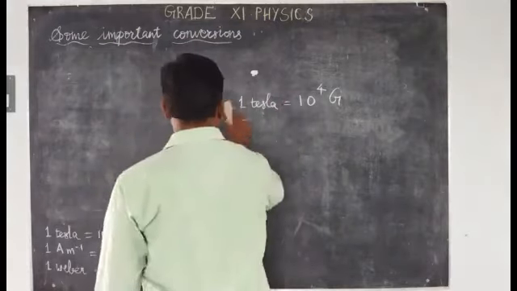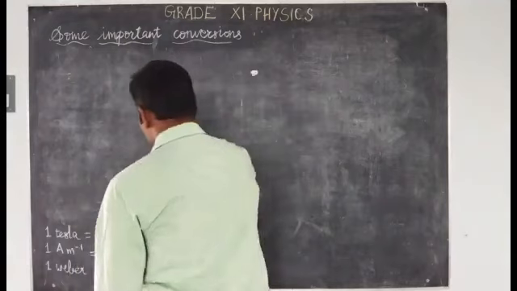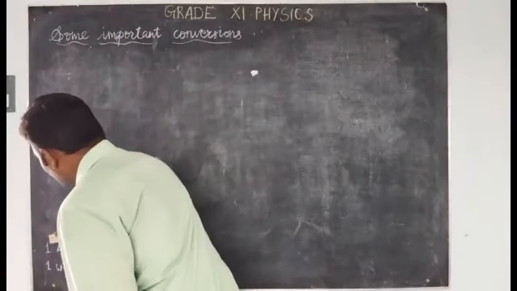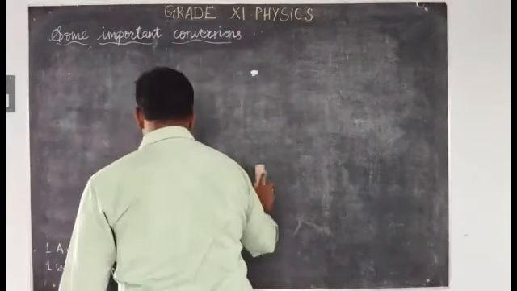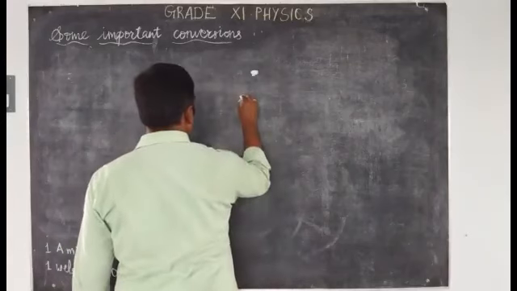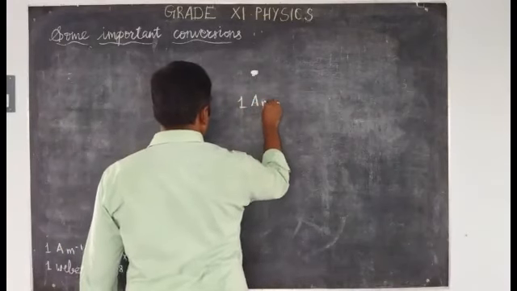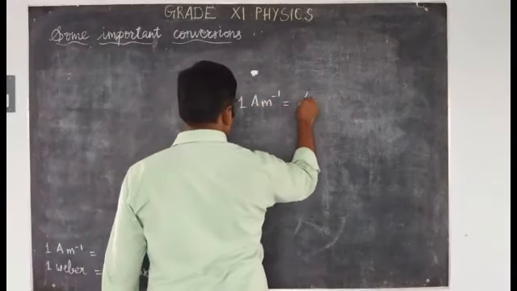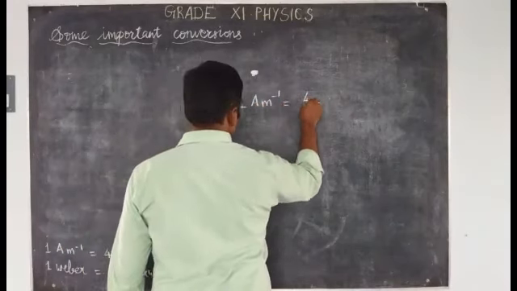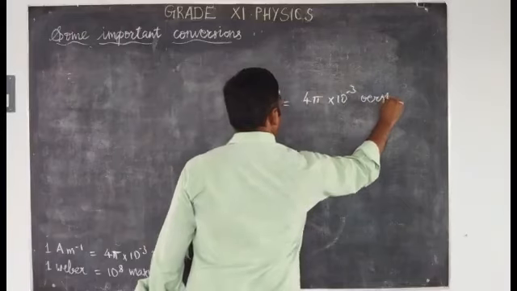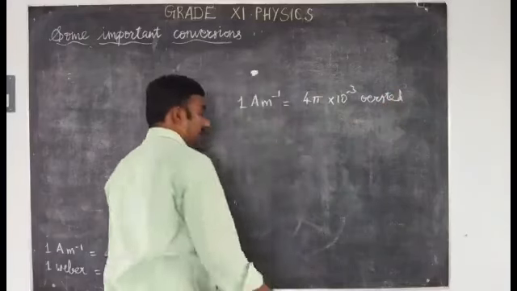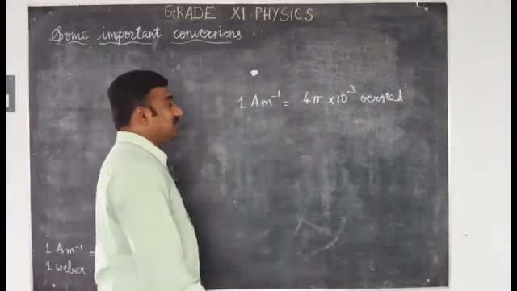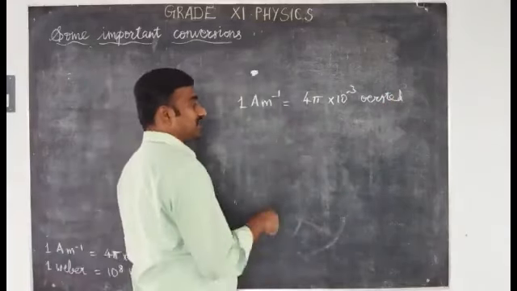Next one, 1 ampere per meter, or 1 ampere meter inverse, is equal to 4 pi into 10 to the power minus 3 orsted. That is, if 1 ampere current flows per meter, how many orsted is it equal to?